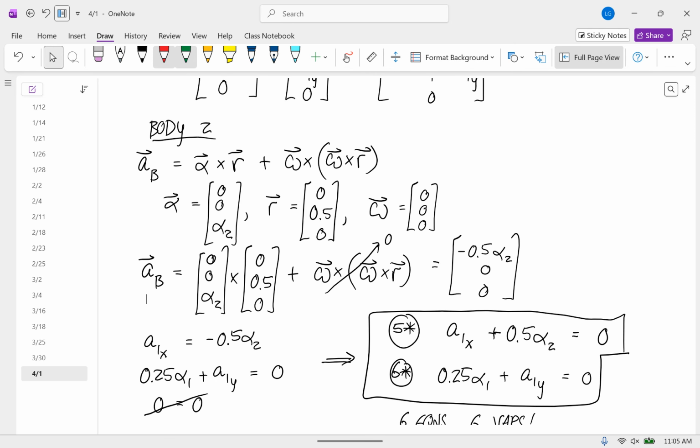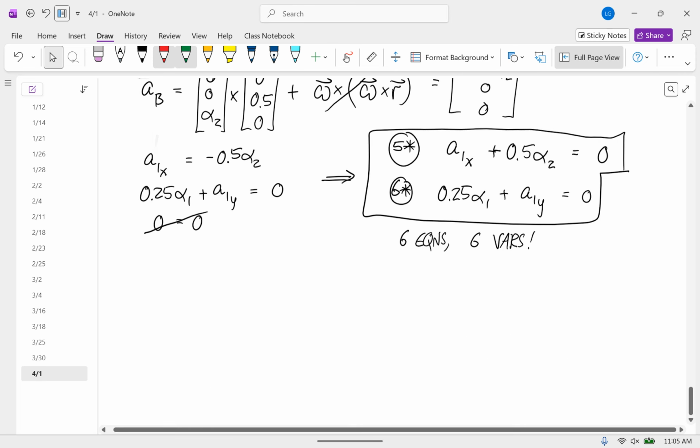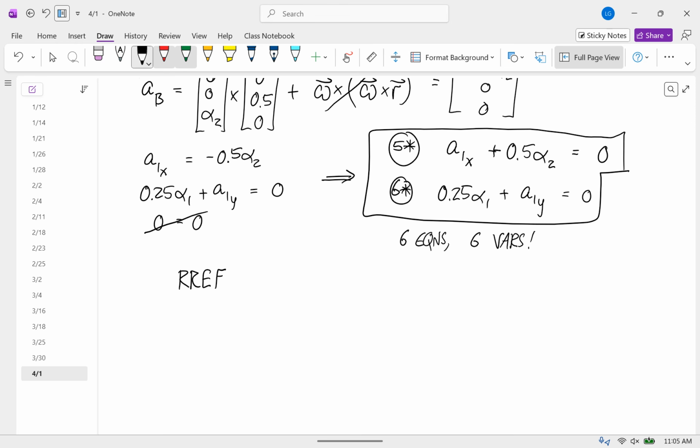But now we have 6 equations and 6 variables. So reduced row echelon form to solve the system, the Dagobah star system.